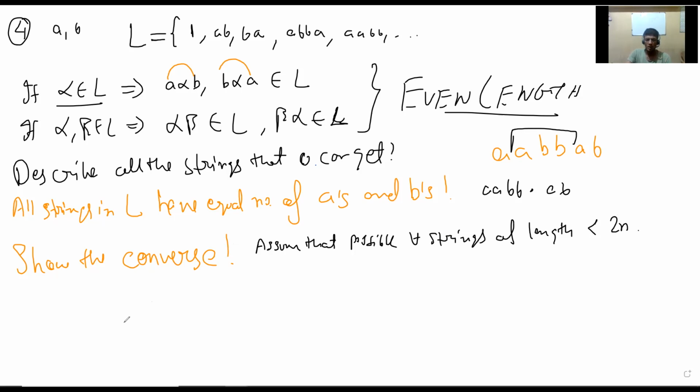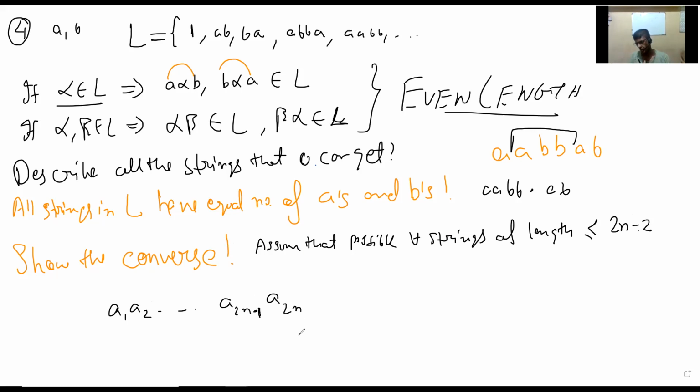Okay, now you take a string of length 2n. So less than 2n means, less than or equal to 2n minus 2. Now you want to show that this can be gotten.